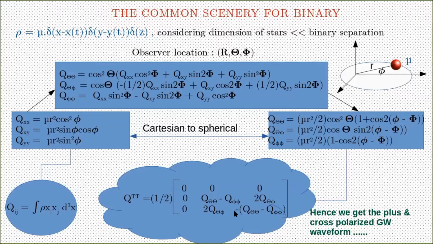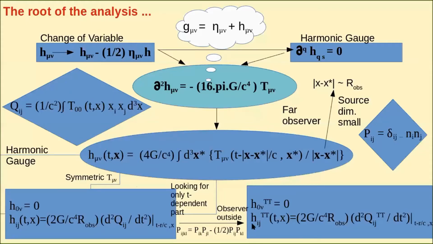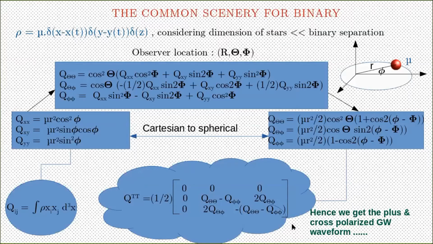So now by taking the double time derivative of this quantity, we can determine the h_ij components of the gravitational waves. You can see that these two quantities are the same, and these two quantities are the same with a negative sign.